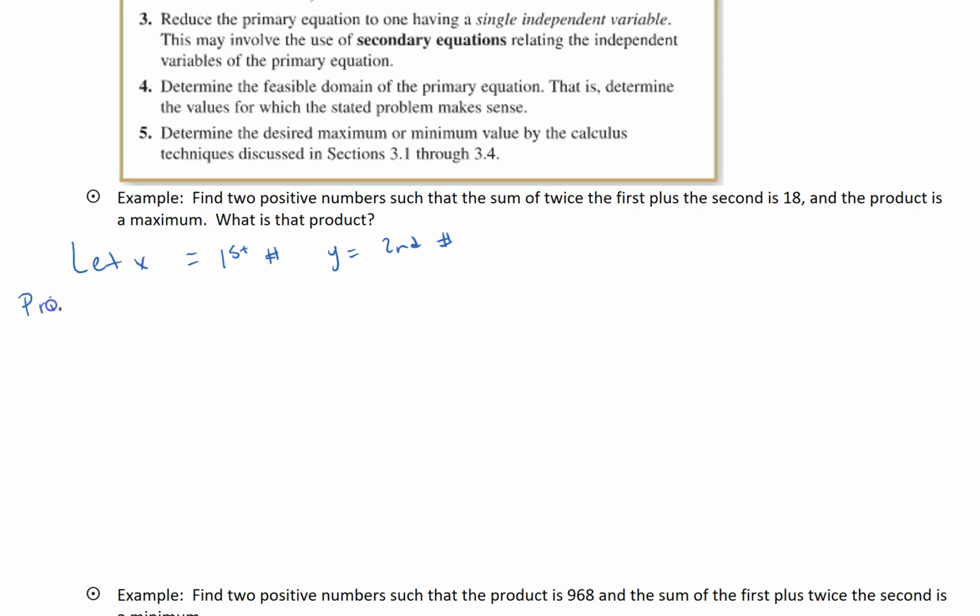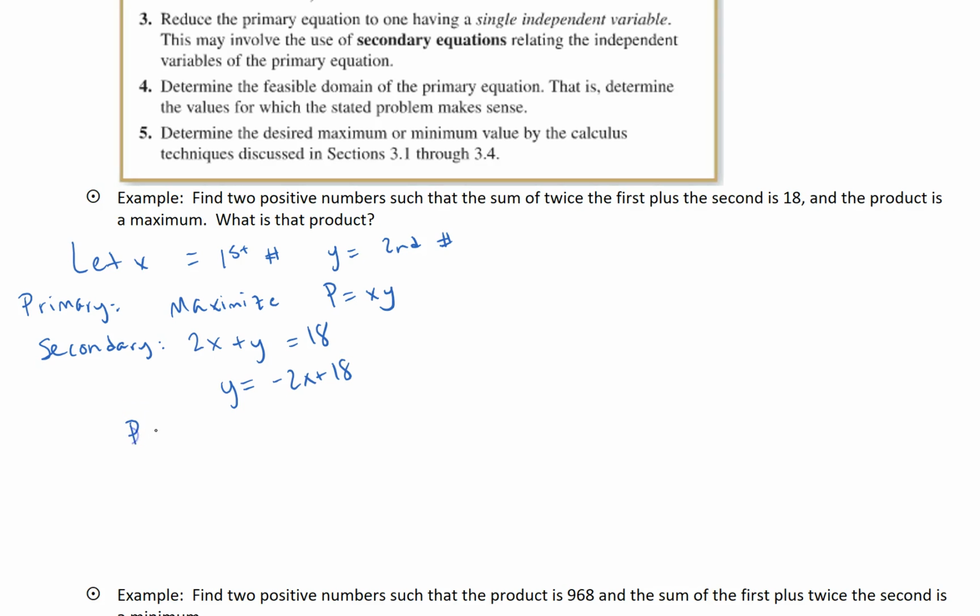Our primary equation is that we want to maximize the product, which is xy. Our secondary equation comes from the statement that the sum of twice the first number plus the second is 18, so that would be 2x plus y equals 18, or y equals negative 2x plus 18.